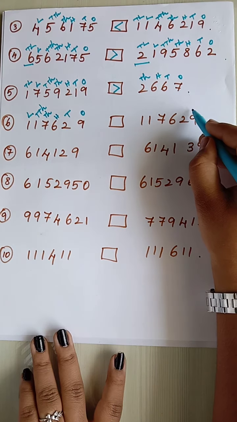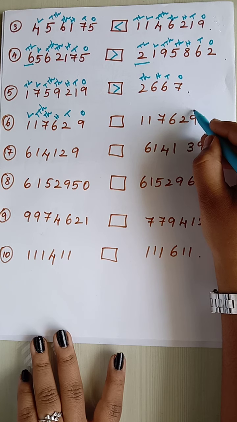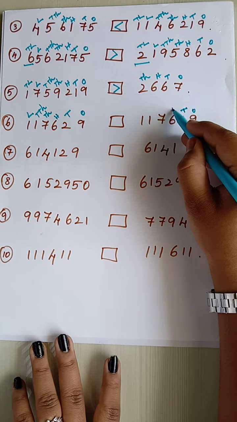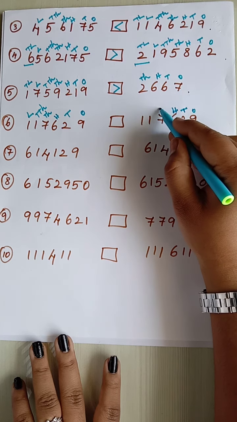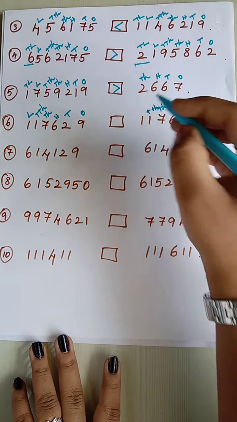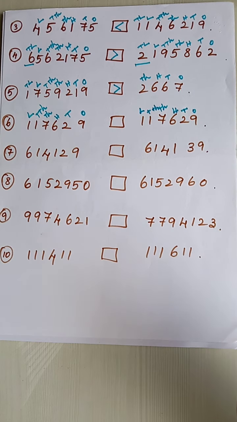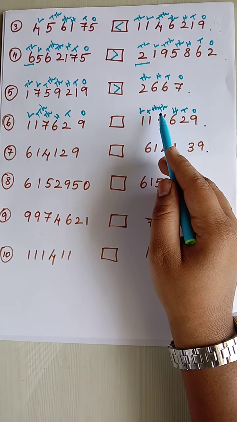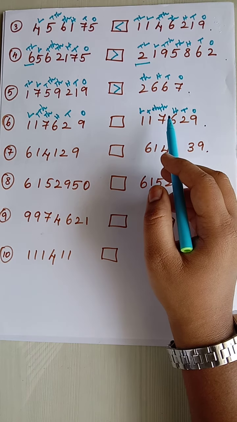This side also we have to write the place value: ones, tens, hundreds, thousand, 10,000, lakh. Now both the sides of our place values are same. Yes, we can compare it. Here also lakh and here also lakh. Both the sides are same.